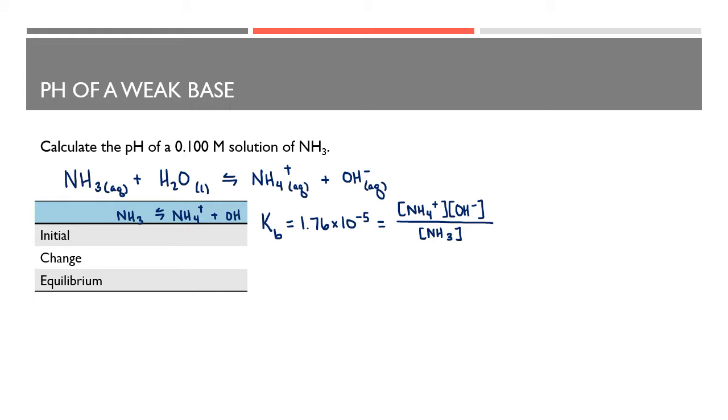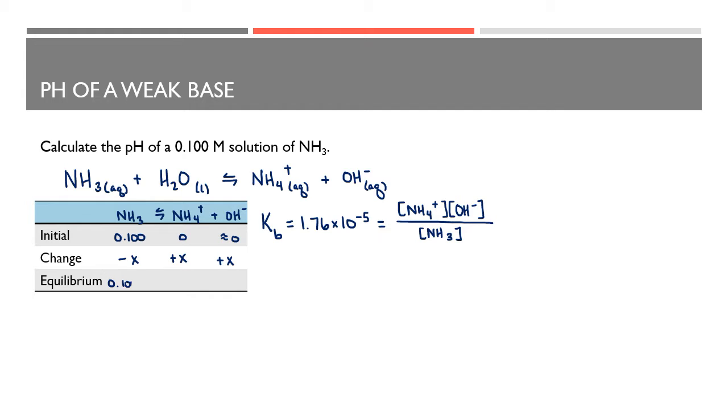I'm going to leave water out of this because it doesn't do anything. And then I have my initial concentration of NH3, which is 0.100 moles per liter, 0 for my ammonium, and about 0 for my hydroxide concentration. There is a little bit of hydroxide in this solution to begin with because there is hydroxide in water, but we're going to forget about that because it's so negligible.